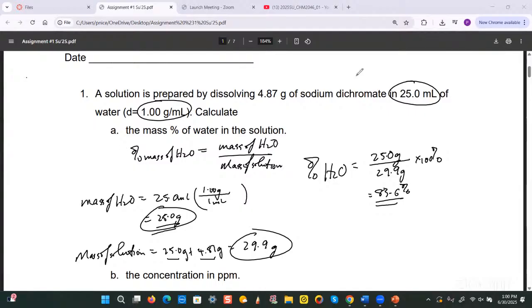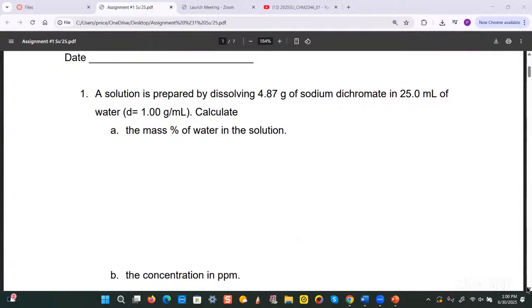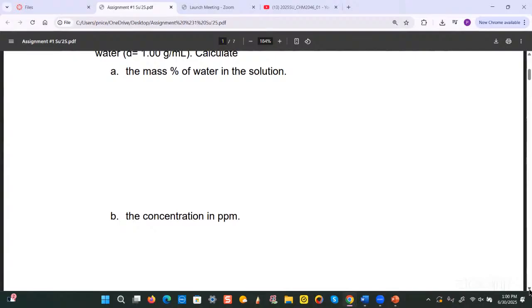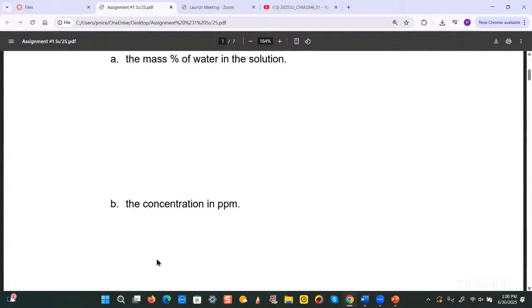Is it okay for me to clear all this? So let me go here, clear all drawings. Scroll down. Okay, now this one is asking for the concentration in parts per million.